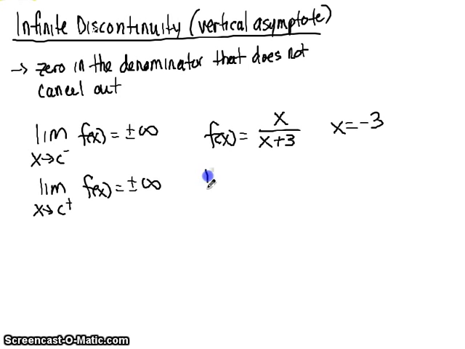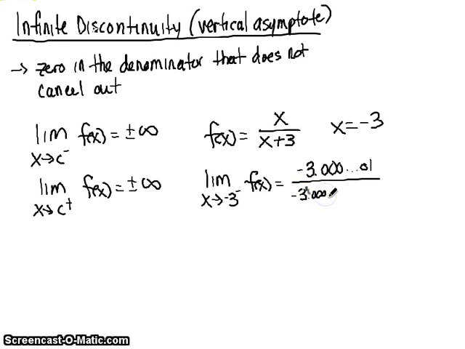But if you wanted to show it, we could say the limit as x approaches -3 from the left of f of x would be a point just a little bit to the left of -3, so something like -3.000, a whole bunch of zeros, 1, and then -3.000, same amount of zeros, 1, plus 3.